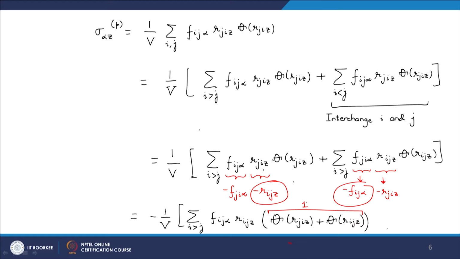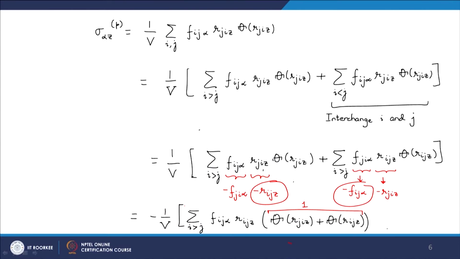If j is above, then theta of R_ji z will be 1. If j is below, then theta of R_ij z will be 1. In any case, the sum has to be equal to 1. So this means that my contribution to the stress tensor is something like this. Okay.